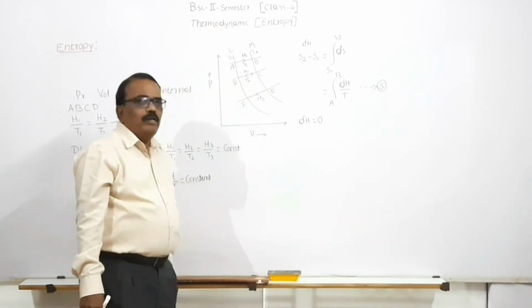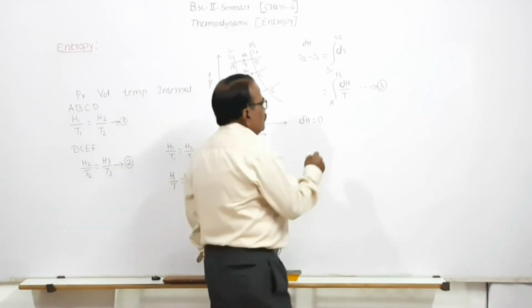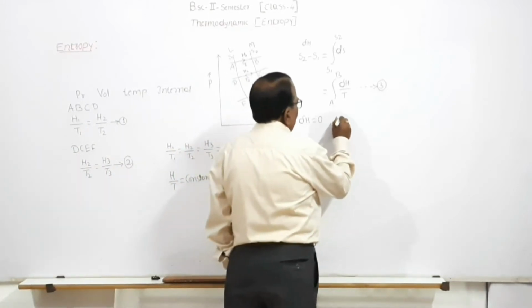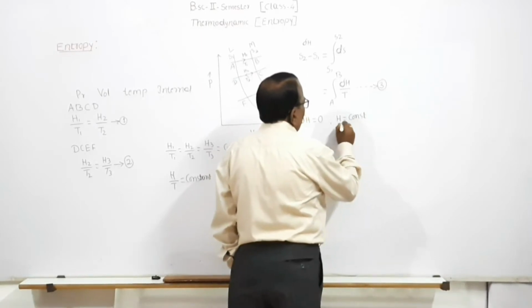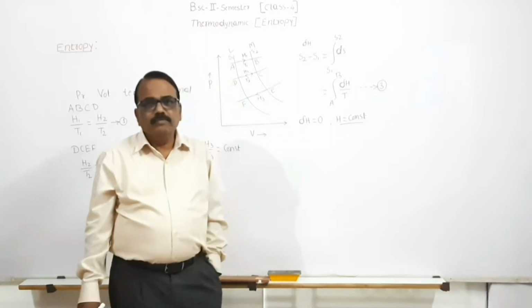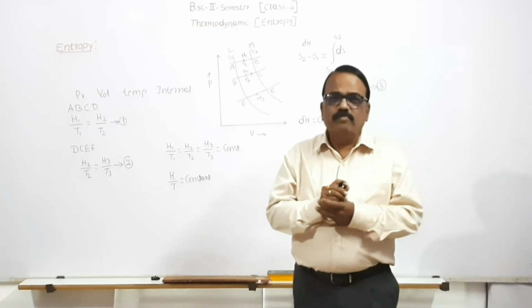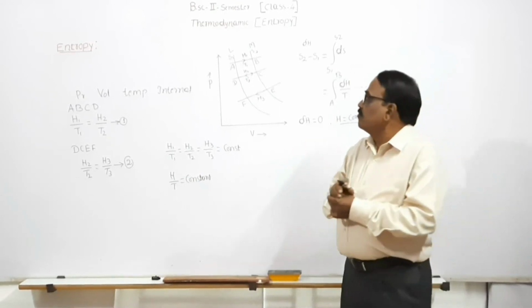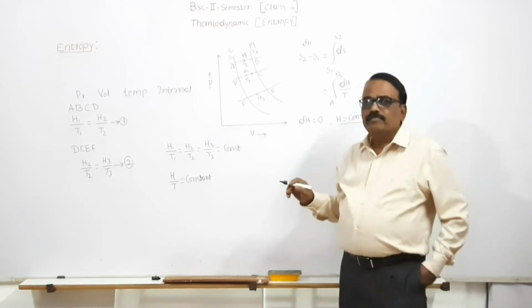What do you mean by delta H is 0? H is constant. It means all along the adiabatic there is no change in the entropy. All along the adiabatic, entropy does not change.